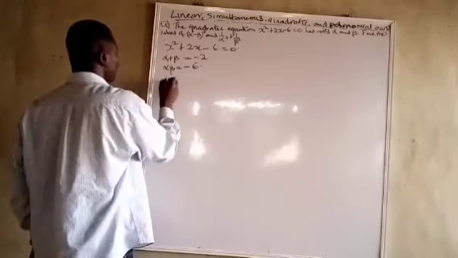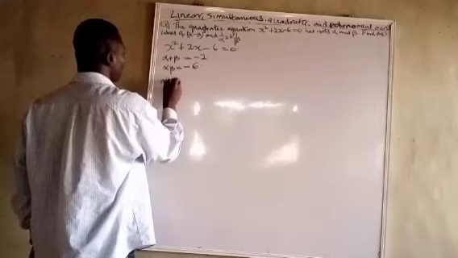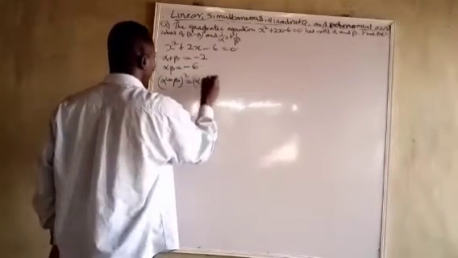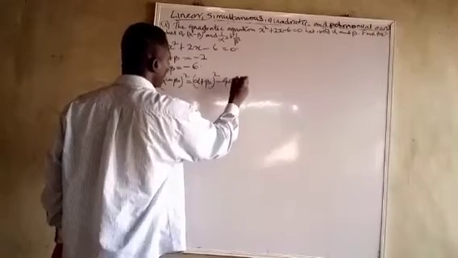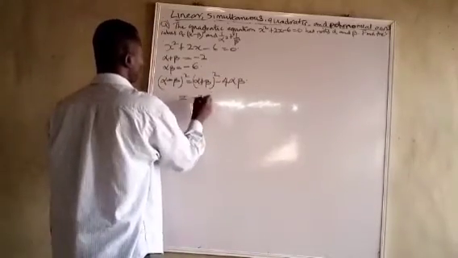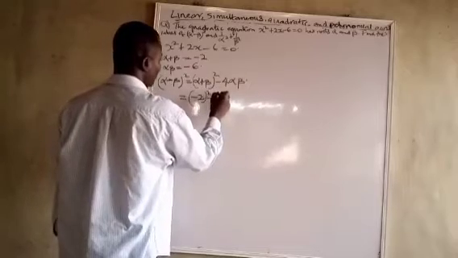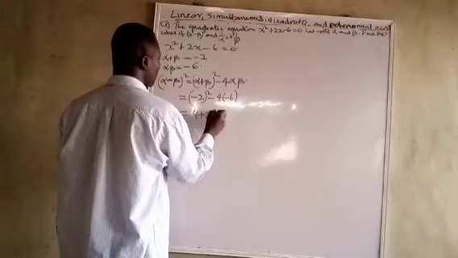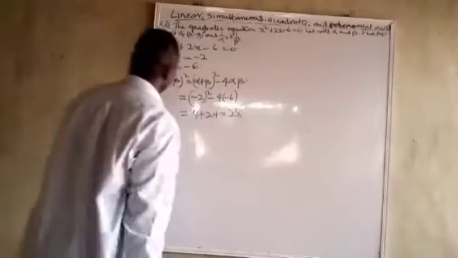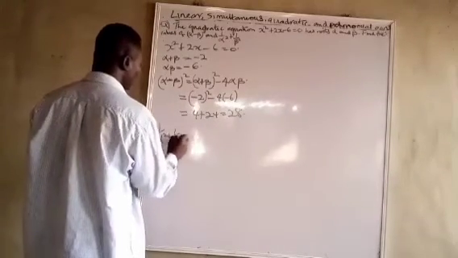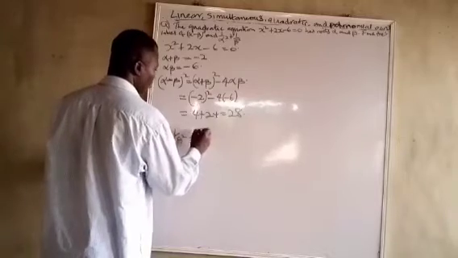So alpha minus beta squared is equal to alpha plus beta all squared minus 4 alpha beta. And that will be minus 2 all squared minus 4 into minus 6, which is 4 plus 24. That's 28.